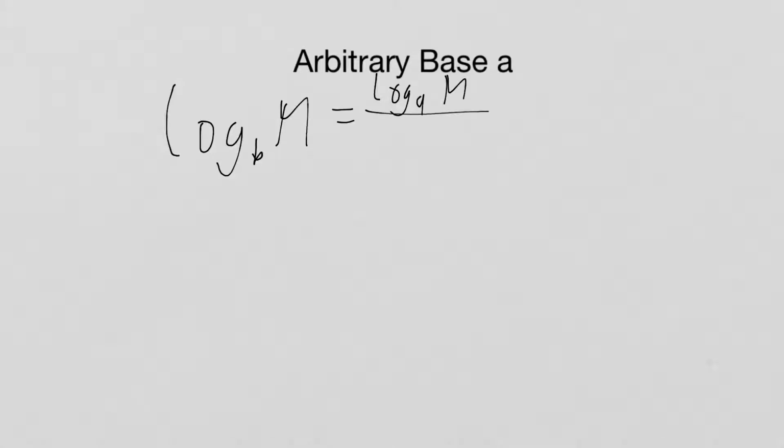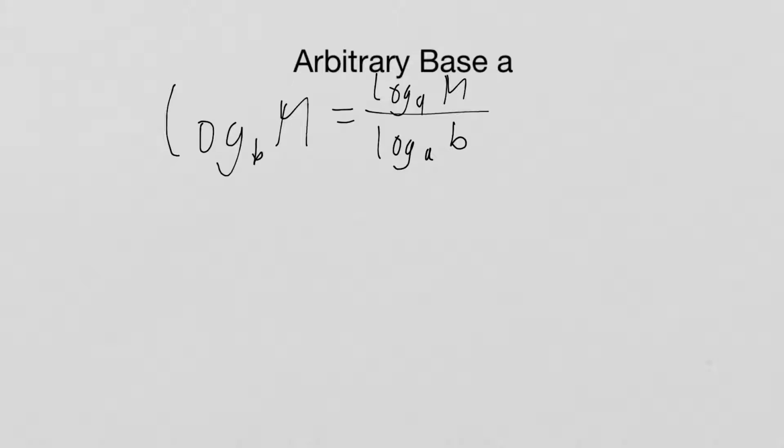So, to put that in writing again, if we want to achieve some log base b of m, and we start off with log base a of m, then we would divide it by log base a of b.